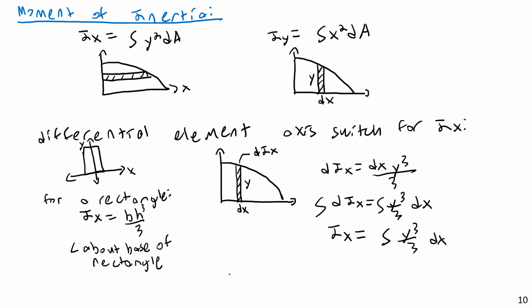Unlike previously, when we looked at horizontal differential elements, which are intrinsically more complicated to work with, especially in functions already given in terms of x, this is a way of transforming the variables and working with everything in terms of vertical strips. And that does make things quite a bit simpler.